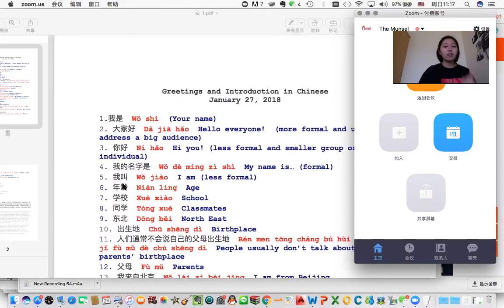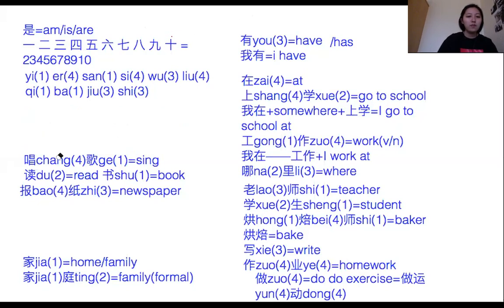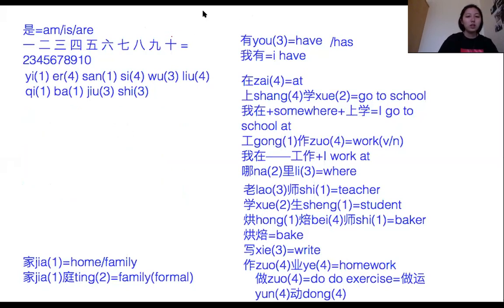Then you can introduce your age. 我的年龄是. In Chinese, it's really easy to introduce your age.